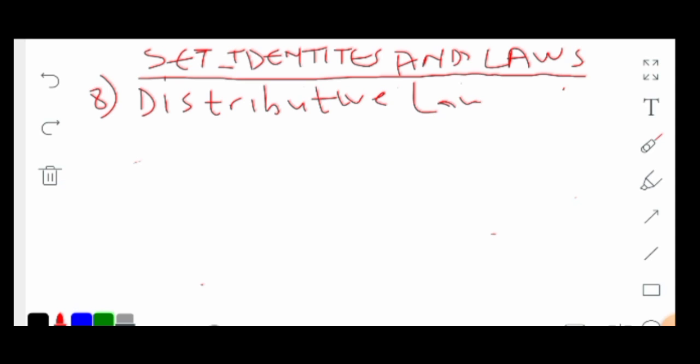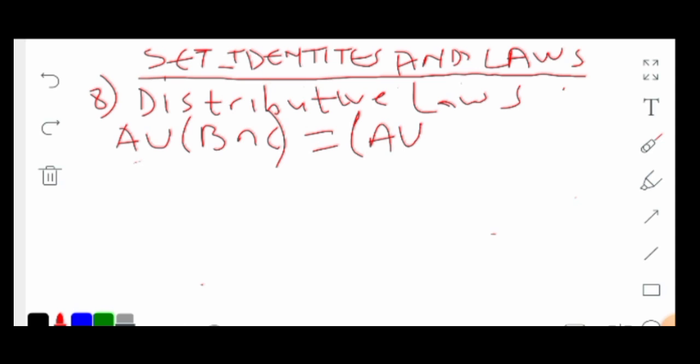Distributive laws, which say that A union (B intersection C) will always give us (A union B) intersection (A union C).